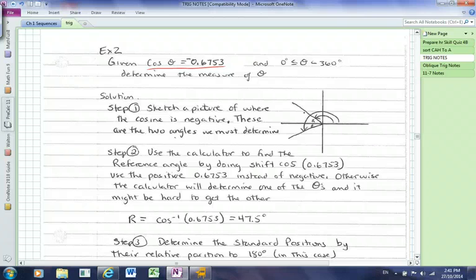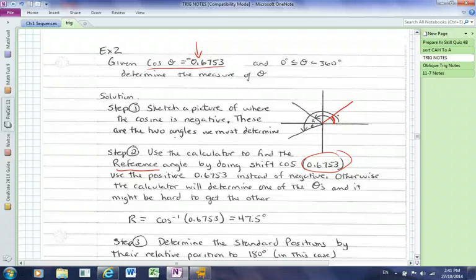Okay, so anyway, I draw where it is. Now, I want you to use your calculator to find the reference angle, and you do that by using the positive number, not this negative one, but the positive, because what that'll do is find this right here, and that's what the reference angle will be also. So if it was in quadrant 1, I would get what the reference angle is, okay?